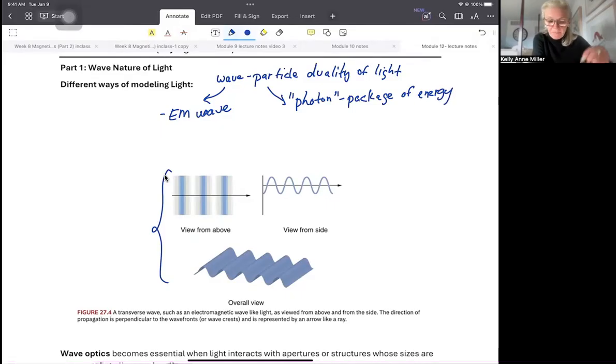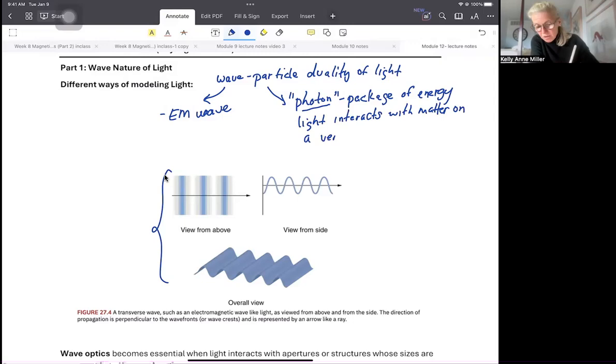Usually it's convenient to think about light as photons when light is interacting with very small things, when light interacts with matter on a very small scale.